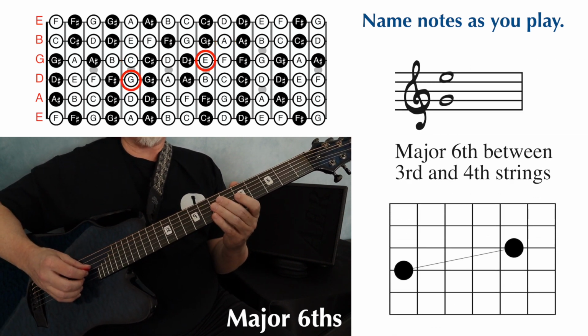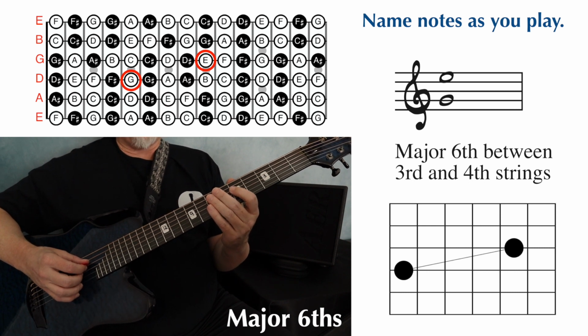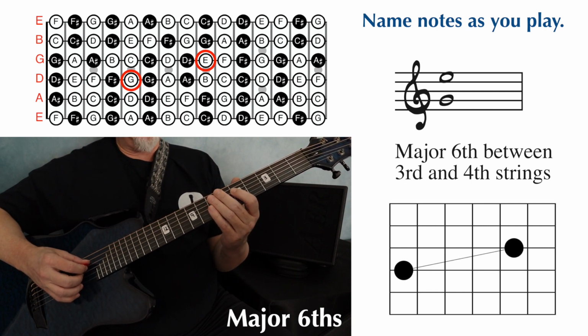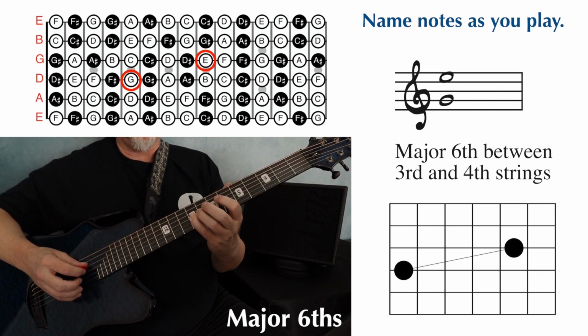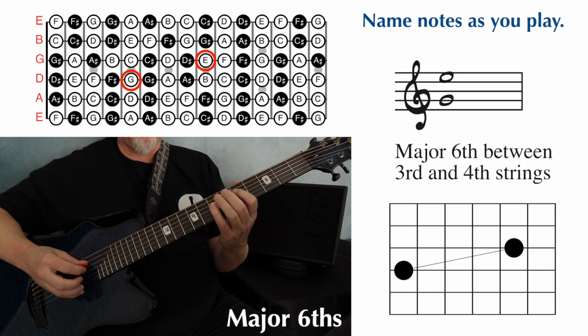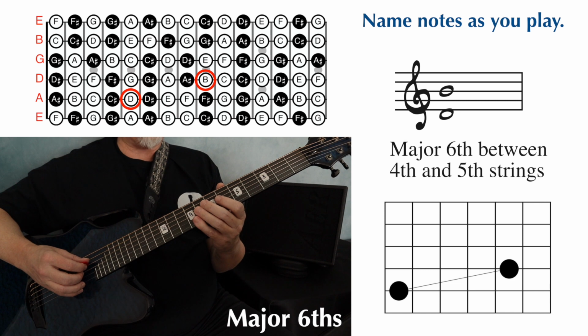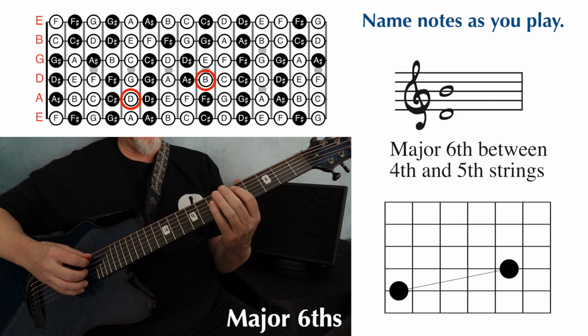Major 6 between strings 3 and 4 is 4 frets away. We have a G here. Major 6 above that G is an E, 4 frets away. Major 6 between strings 4 and 5 is also 4 frets away.